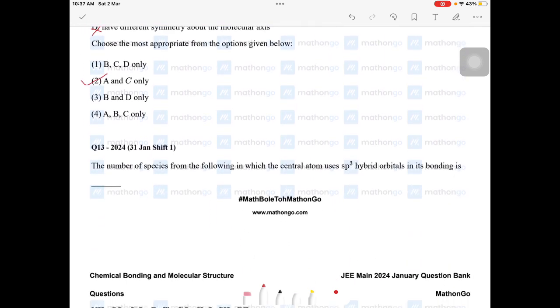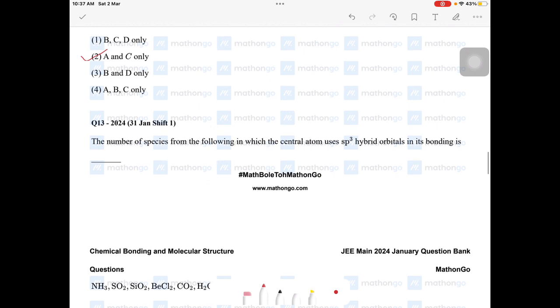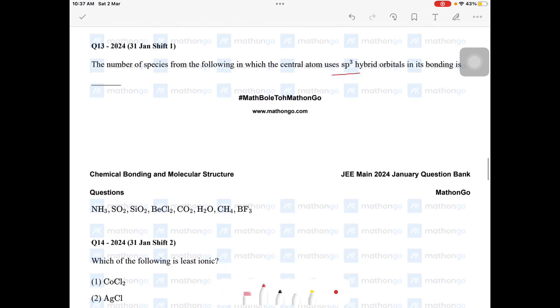Next question. The number of species from the following in which the central atom uses sp3 hybrid orbitals in its bonding is. Options are given: NH3, SO2, SiO2, BeCl2, CO2, H2O, CH4, BF3.